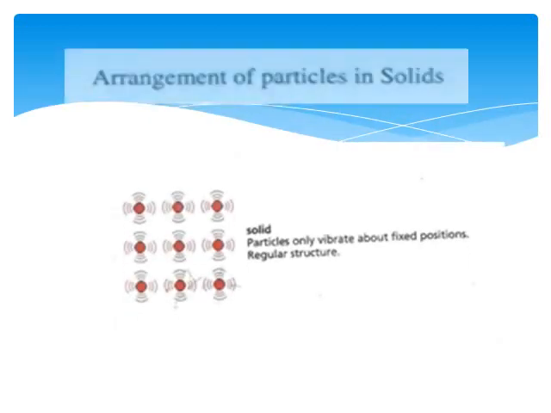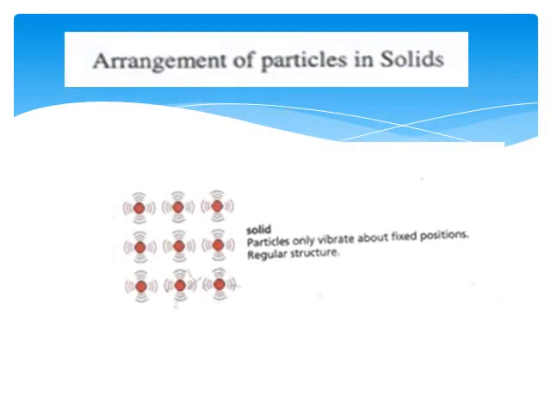Solids normally have high density. This is the arrangement of particles in a solid. See how they are arranged in a regular shape, and the distance between the particles is very small. This is the attraction force between the particles, and it is very strong.